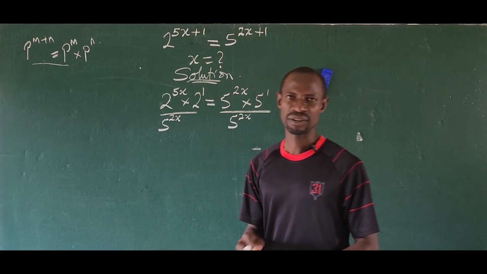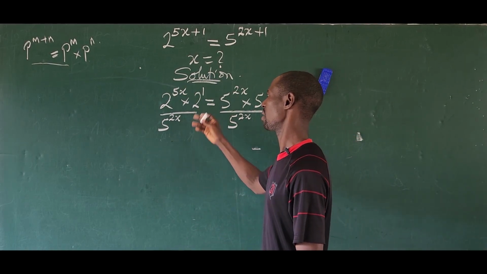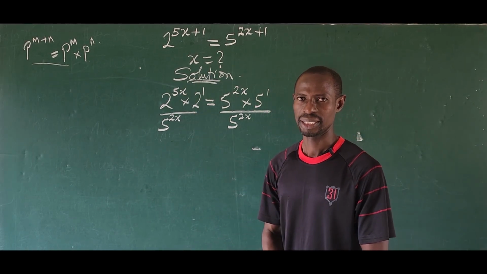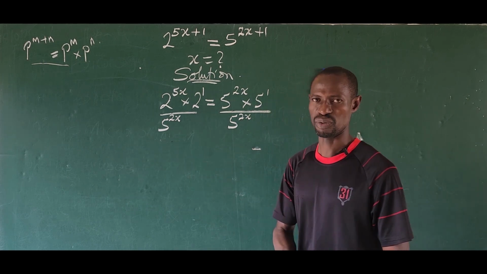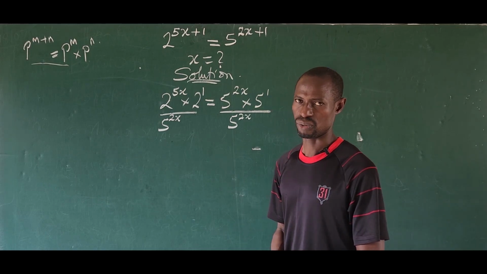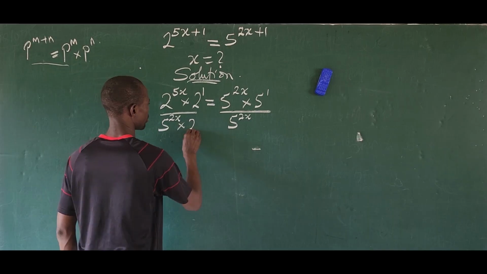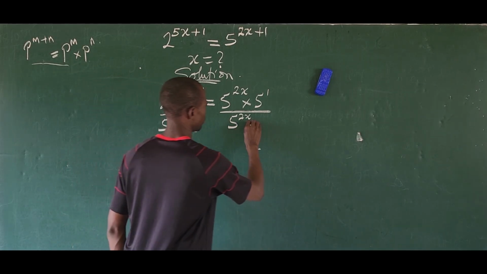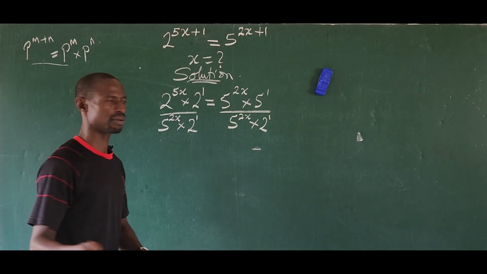And again, we want the constant terms to be on the right-hand side. Here we still have a constant term without a variable. So we move it to this side of the equation. And how do we do that? We divide by 2 to the power of 1, which of course is 2. And so we can say here times 2 to the power of 1. Then we multiply this 2 to the power of 1. So let's cancel out and see what this gives us.